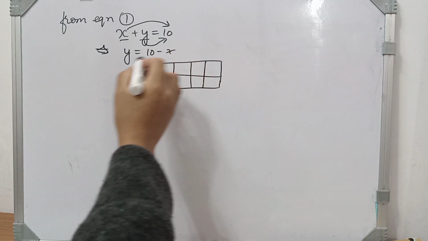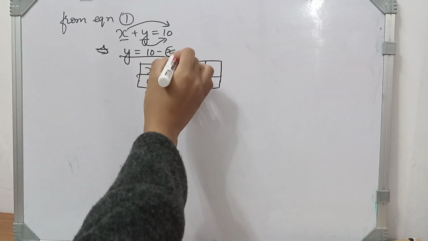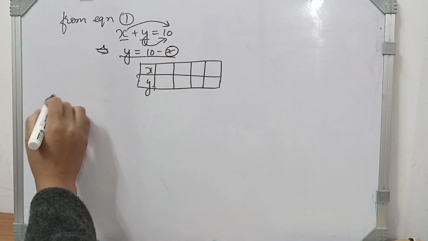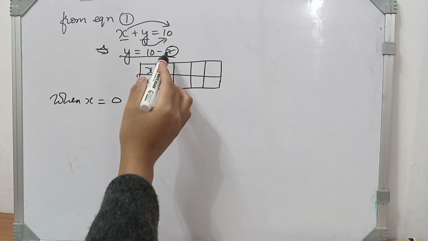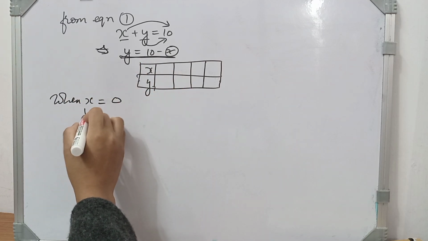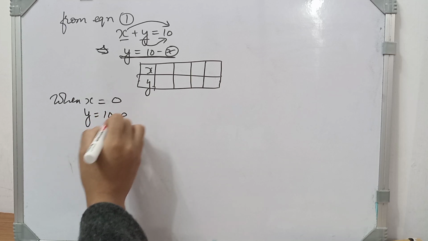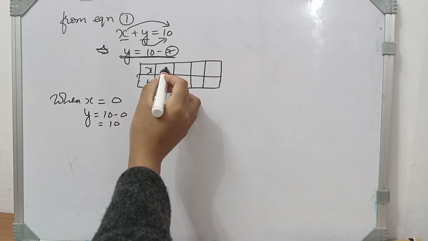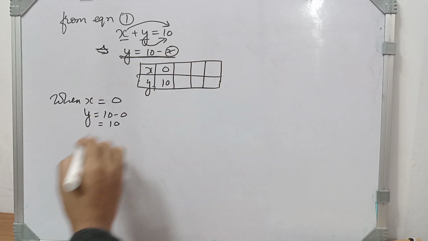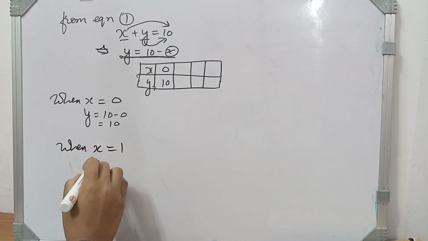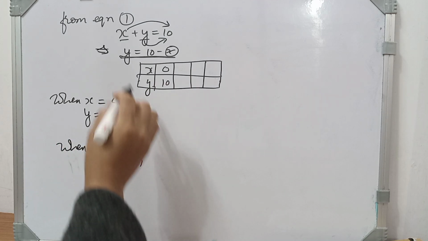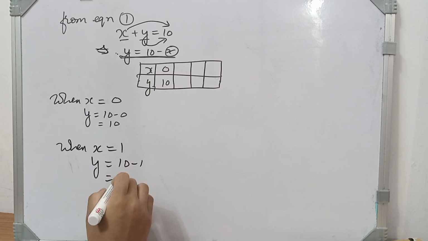Okay, we have an equation. Put the numbers for x. When x is equal to 0, y is equal to 10 minus 0, which is 10.